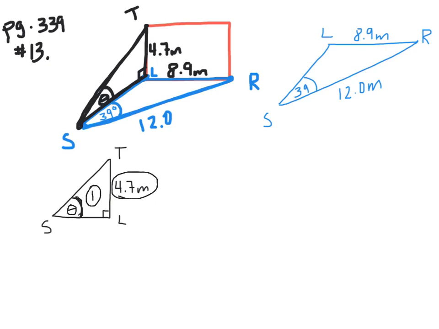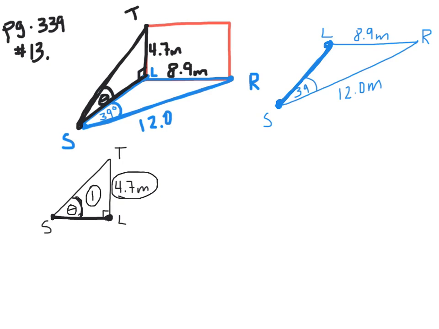Looking at the overall picture, we don't have another measurement, but S to L is in common with the blue triangle. So if we found this S to L in the blue triangle, which is the same as the S to L in the black triangle, this question would be complete right now. So that's what we're actually going to do.